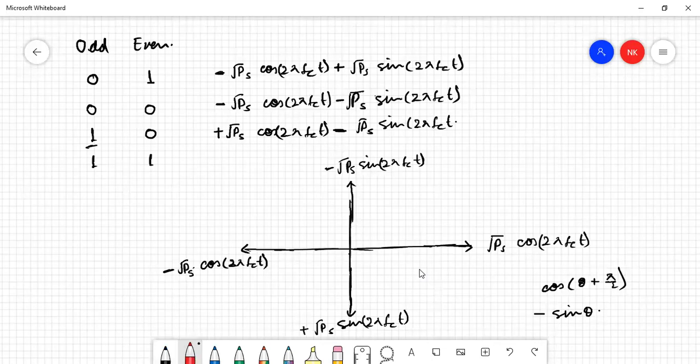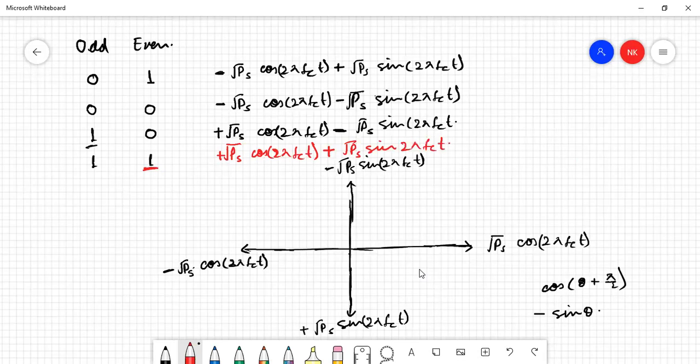And the last one we have plus 1 and plus 1, so that is 1 1, the bit is 1 1. Okay, so there will be a plus Ps cos of 2 pi fct. Again there will be a plus sign because here it is a 1 again, so root under Ps sine of 2 pi fct.